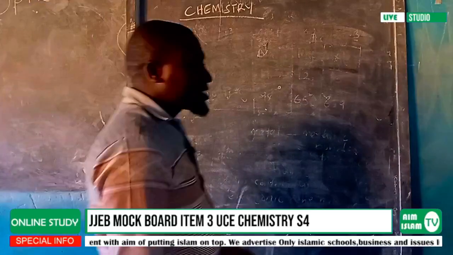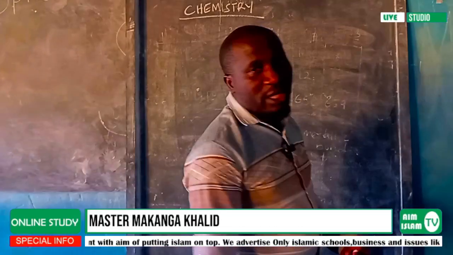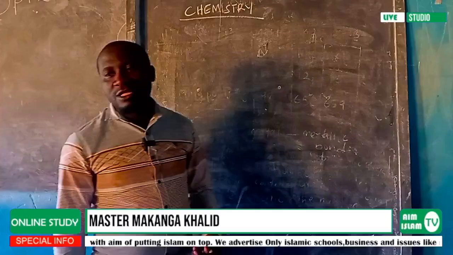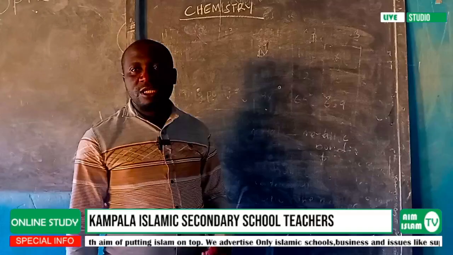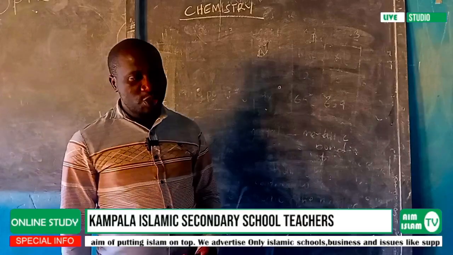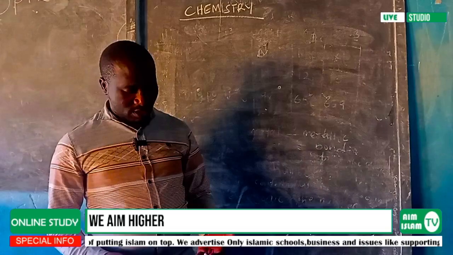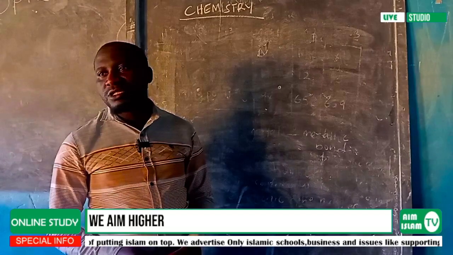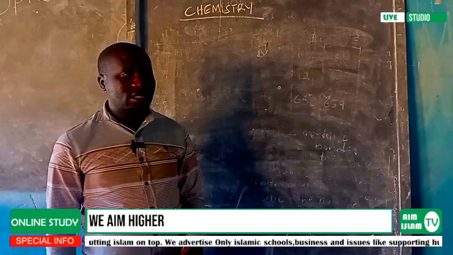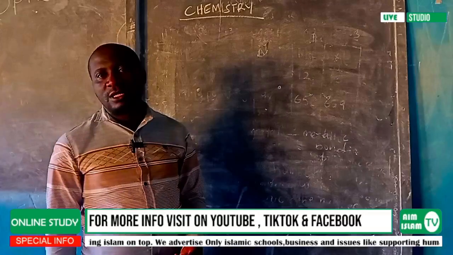Okay, in chemistry we used to have three branches: physical, organic, and inorganic, categorized into three elements of construct.